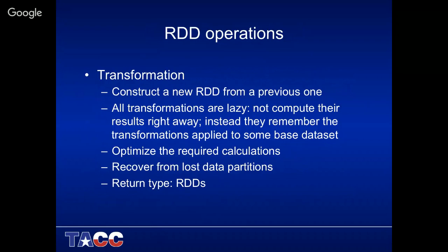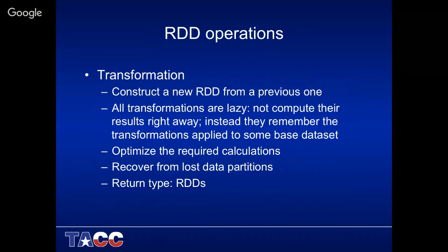When you want to tell whether a function is a transformation or an action, in Python you can use type. If you put a variable's name within it, it will show the type of the variable, like an RDD pipeline or something like that. If it's an action, the return type will be different, some kind of list, set, or dictionary.